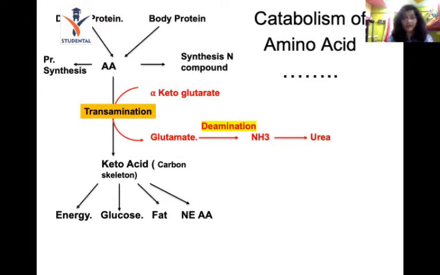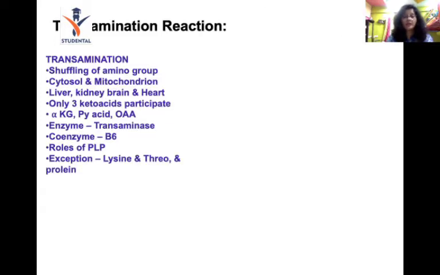So this diagram gives you an overview of catabolism of amino acids, and here we learned that transamination and deamination are very important processes for every amino acid to undergo catabolism. So let's discuss the transamination and deamination reactions in today's lecture.